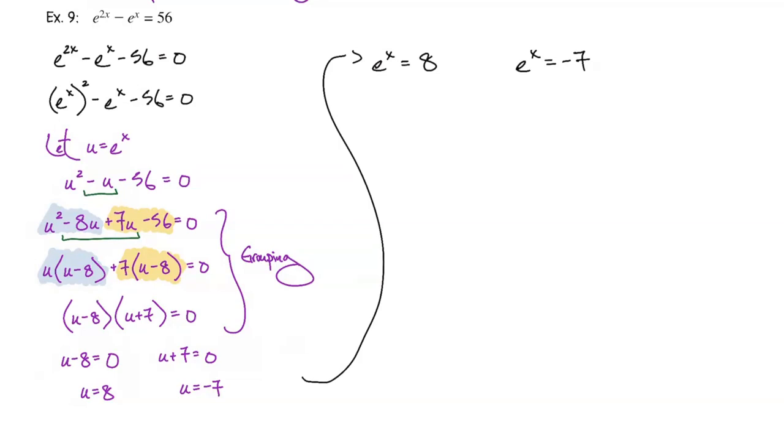I'm gonna give an intermediate step before we get to what Dallas wrote, which is log base e of 8 equals x. But log base e, we can just write as natural log of 8.